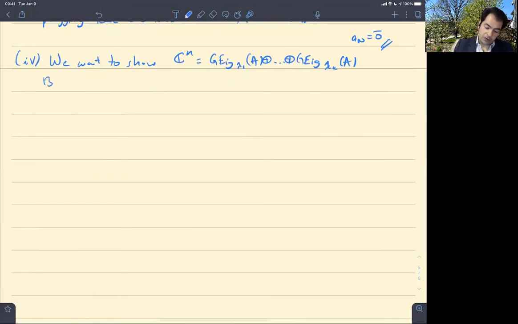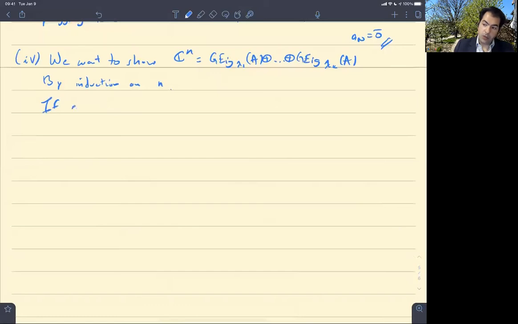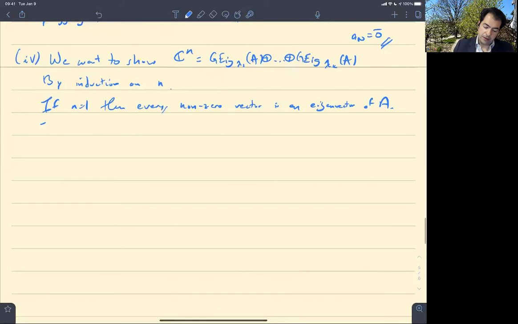Okay, so not surprisingly, we'll do this by induction on n. If n is equal to 1, then every non-zero vector is an eigenvector of A, so we're all set.